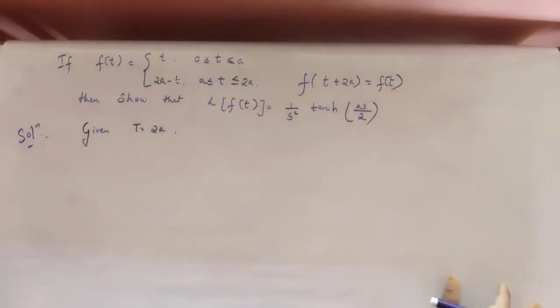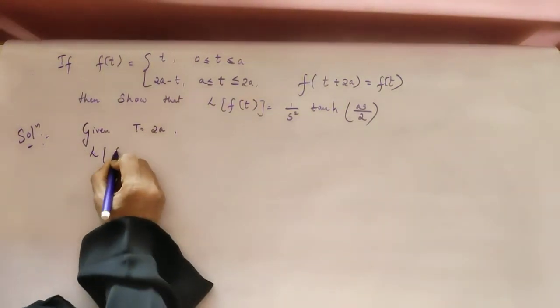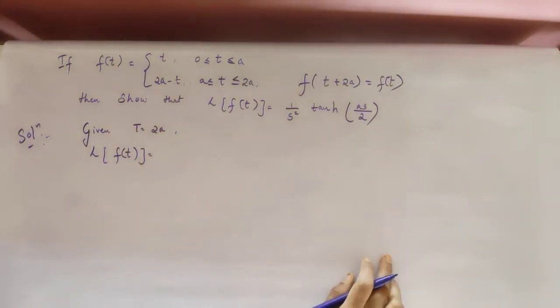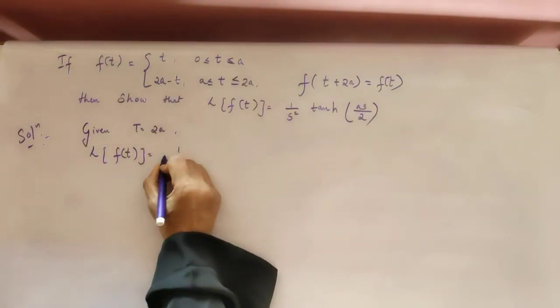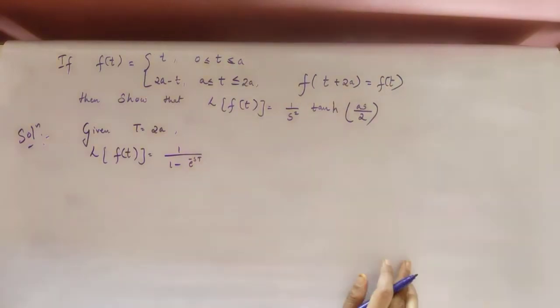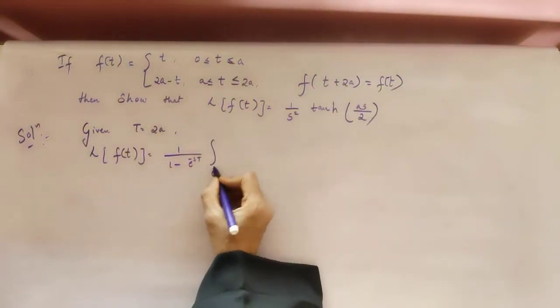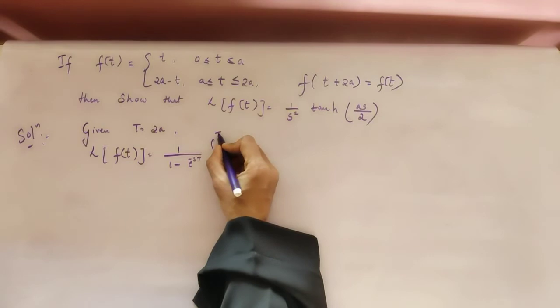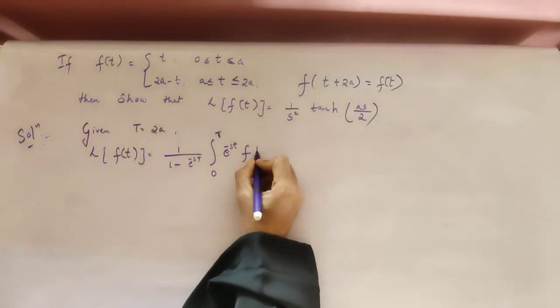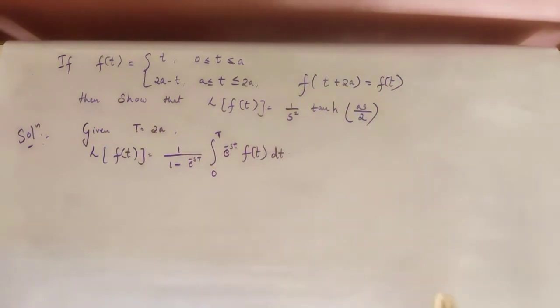The Laplace transform of any periodic function f of t with period capital T is 1 divided by 1 minus e to the power minus sT, times the integration from 0 to capital T, where capital T is the period of that function, of e to the power minus st f of t dt. This is the Laplace transform of a periodic function.